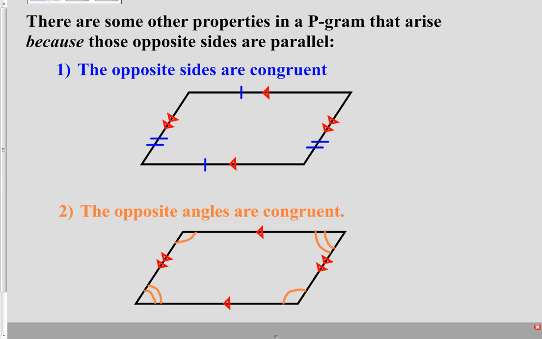Our opposite angles are congruent as well. And once again, please notice the different styles of angle congruency marks. They don't all have just one mark or just two marks because it's just the opposite sets that are congruent. We do not know if all four of those angles are congruent or not, just the opposite sets of angles.